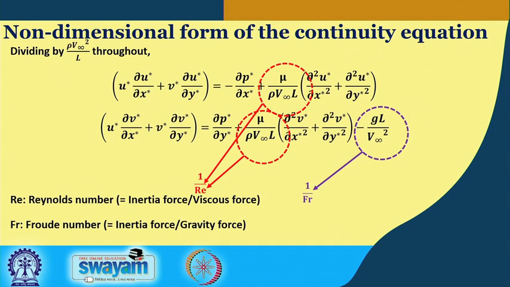In this manner, you perhaps also know that when the viscosity is very high compared to the inertial force or the velocity, then we get what we call laminar flow. And when the viscous effect is negligible in comparison to the inertial force, then we get turbulent flow.